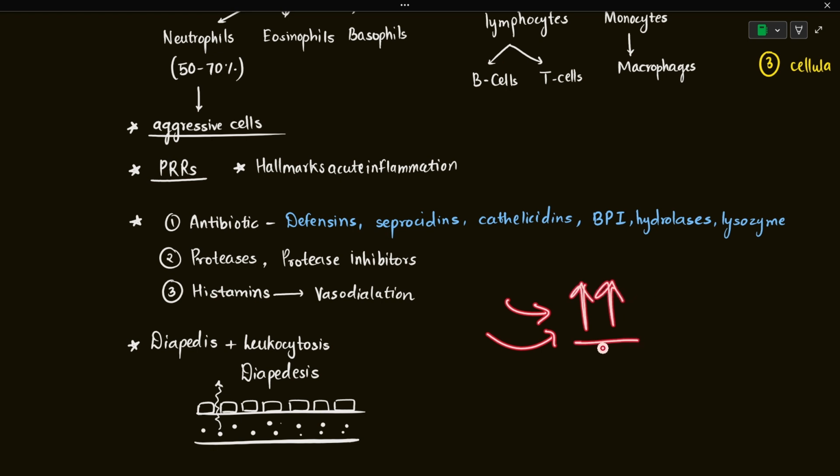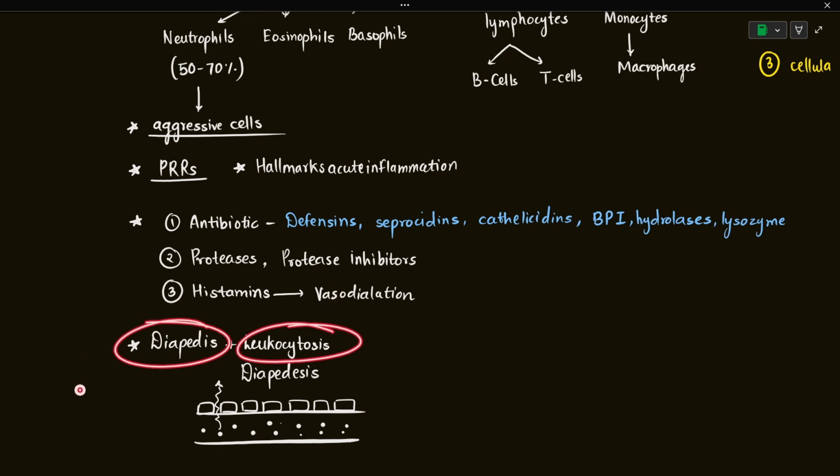In the same way, whenever there is infection in our body, the number of neutrophils is going to increase, and that phenomenon is known as leukocytosis. So leukocytosis and diapedesis, both of them are characteristics of the neutrophils. Neutrophils increase in number, and once they increase in number and vasodilation is seen, diapedesis will also be seen.